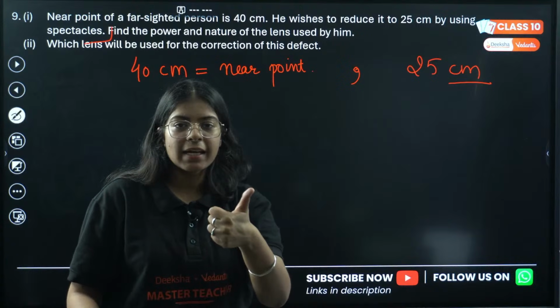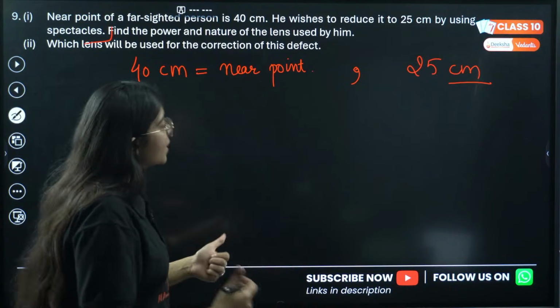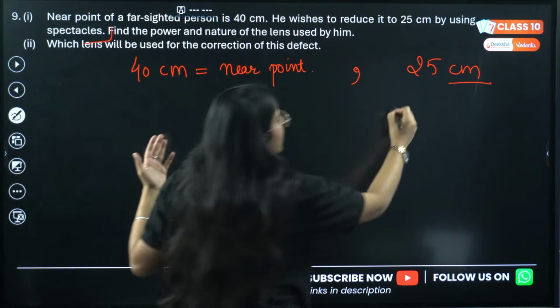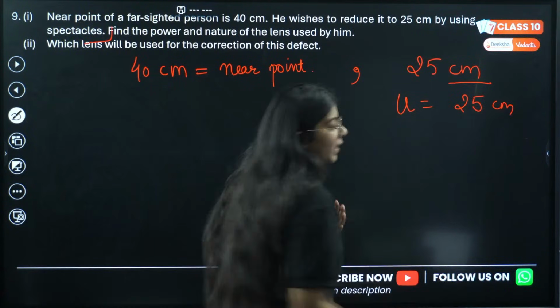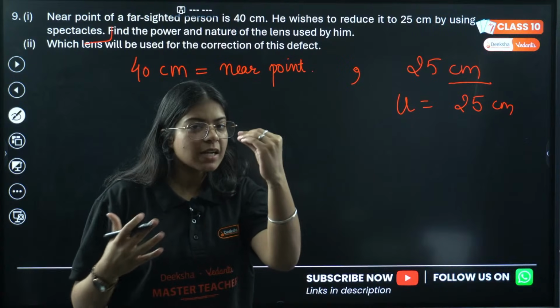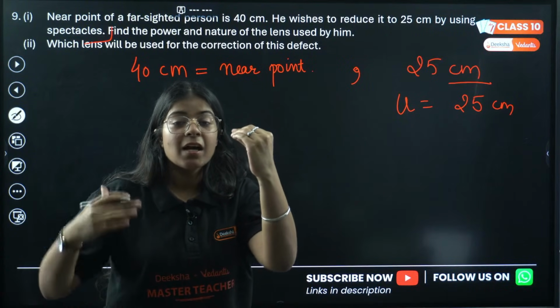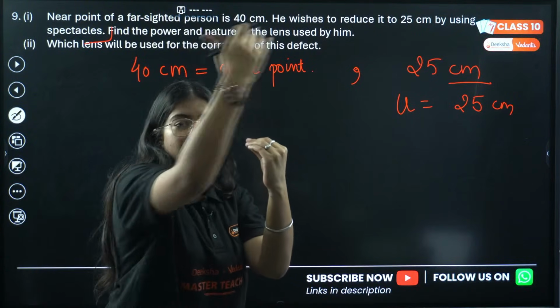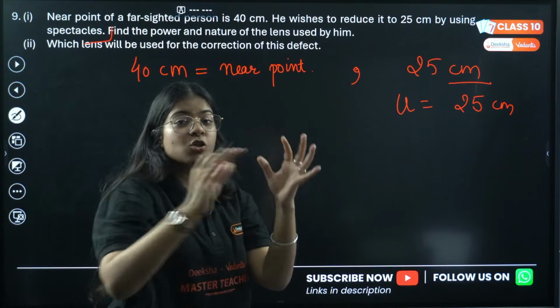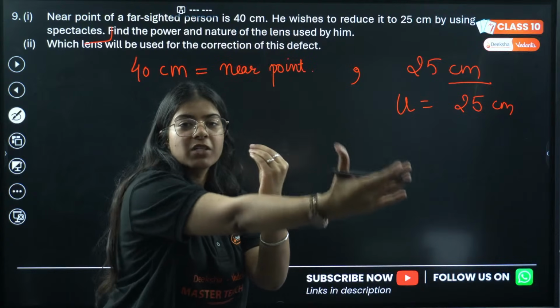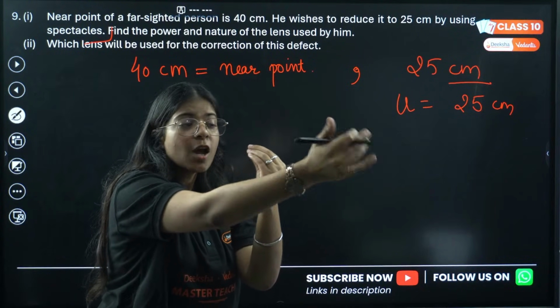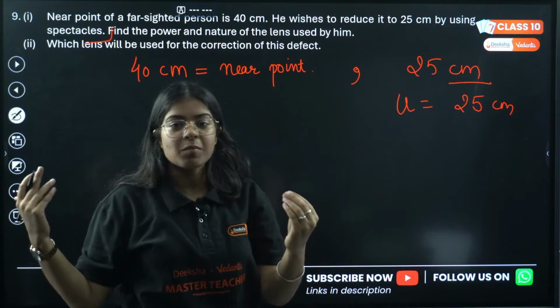Correct? Till now, correct? So my object is at 25 centimeter, but I can't see it. Where I can see is at 40 centimeter. So what I want these lenses to do is make the image of the object first at 40 centimeter, so that my eye lens can make the image at the retina.